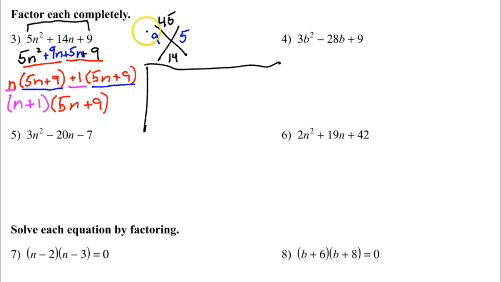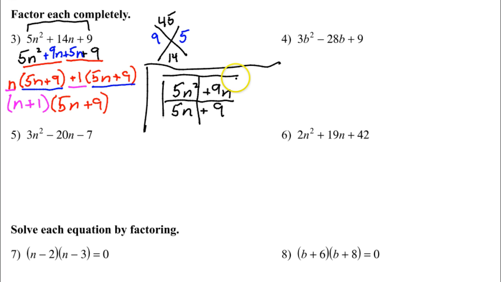Another way of doing that would be to write the 4 terms this way. This is called the box method. Some people like this method, where you take these 4 terms and put them in a box, and then you do the GCF of each row and column. What comes out of the first row is n.